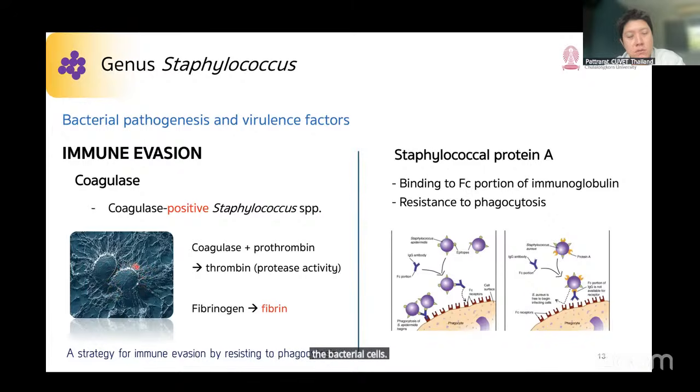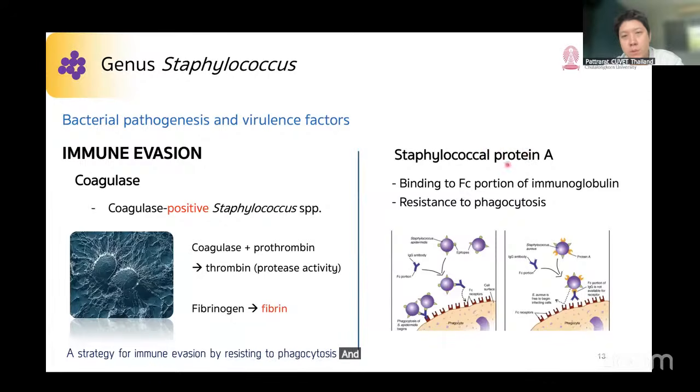This covers the antigenicity of the bacterial cells, which helps immune evasion by resisting phagocytosis. That's why the coagulase positive species are more pathogenic, because they can evade the immune system.